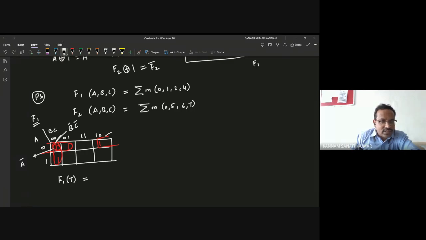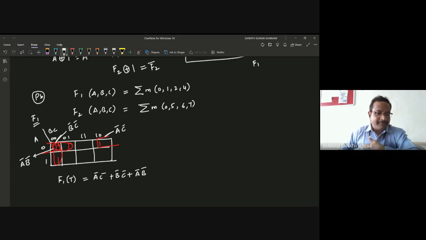And if you see this one, A bar, and next which is common, C bar. So here you are getting A bar C bar plus B bar C bar plus A bar B bar.